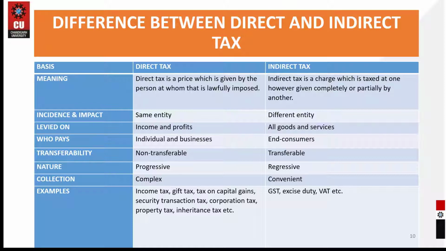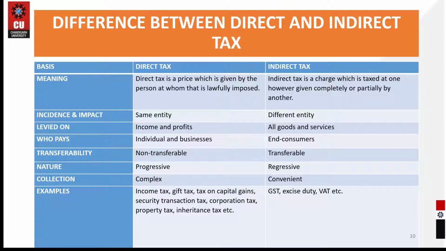To make it clearer in your mind, let us discuss some examples of direct tax. Here we have income tax, gift tax, tax on capital gains, security transaction tax, corporation tax, property tax, inheritance tax.